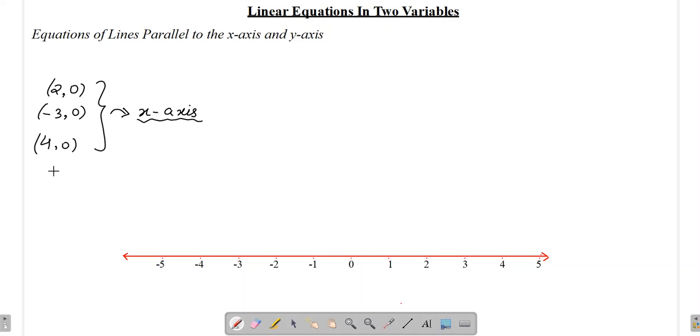In fact, any coordinate of the form (n, 0), where n is a real number, will always lie on the x-axis, because on the x-axis the y coordinate is always 0. So from here, can you guess the equation of the x-axis?